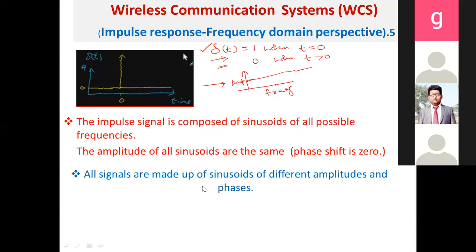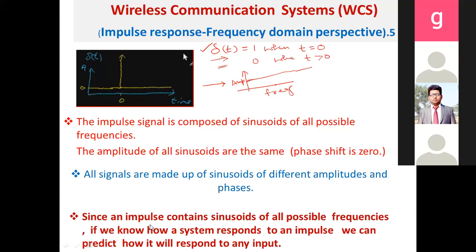All signals are made up of sinusoids, and usually the signal to be analyzed is made up of different amplitudes and phases. Since an impulse contains sinusoids of all possible frequencies, if we know a system's response to an impulse, then we can easily predict how it will respond to any input.